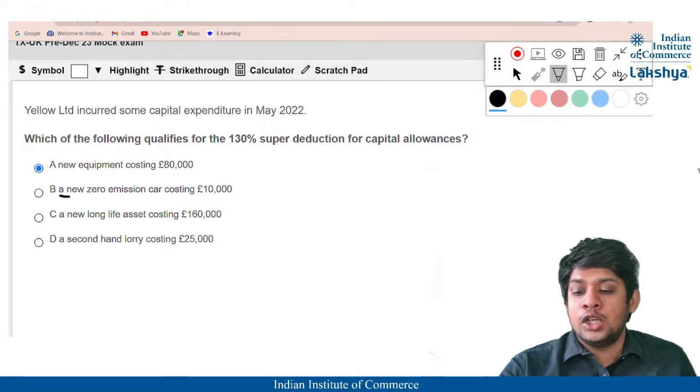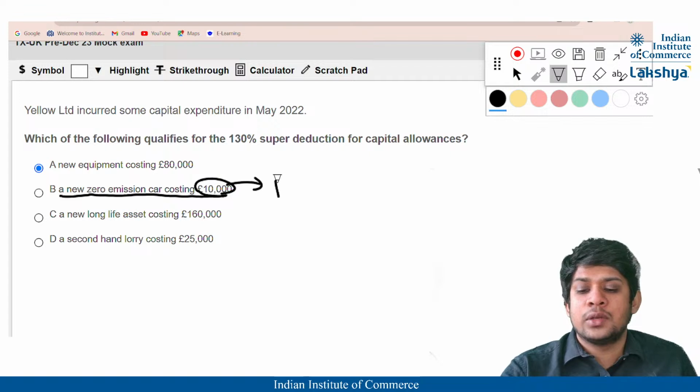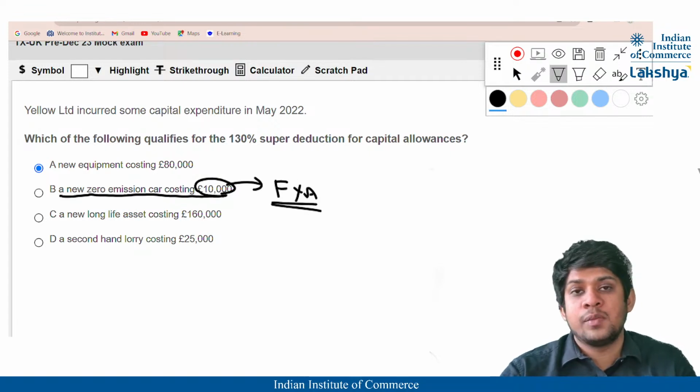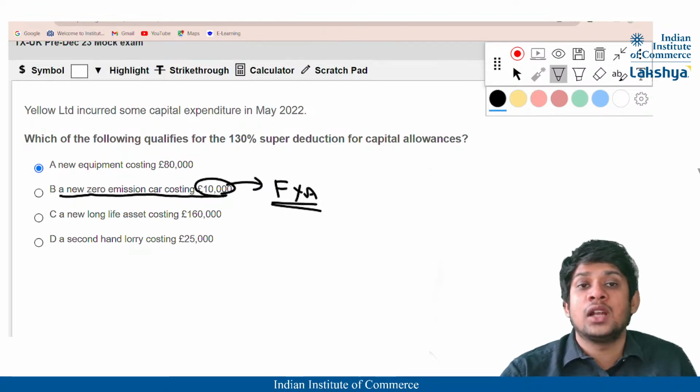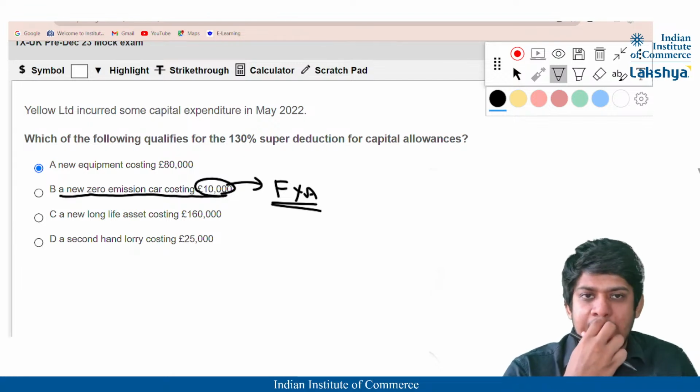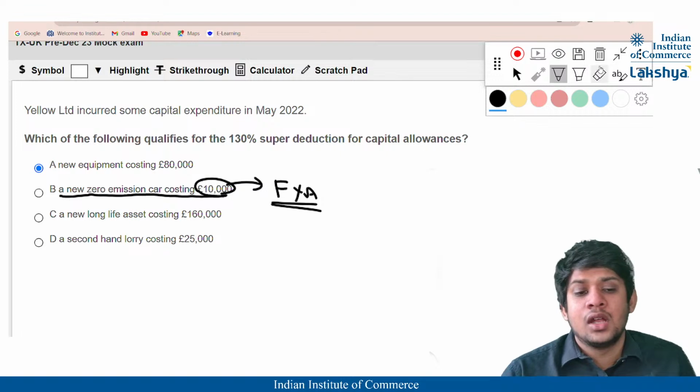Option B says a new zero emission car costing £10,000. So for this, guys, you will get a first year allowance, right? You will get a first year allowance because cars which are zero emission cars and obviously newly purchased. If it was second hand, then you would not get FYA. I think not even that. It will go to probably just your main pool, right?